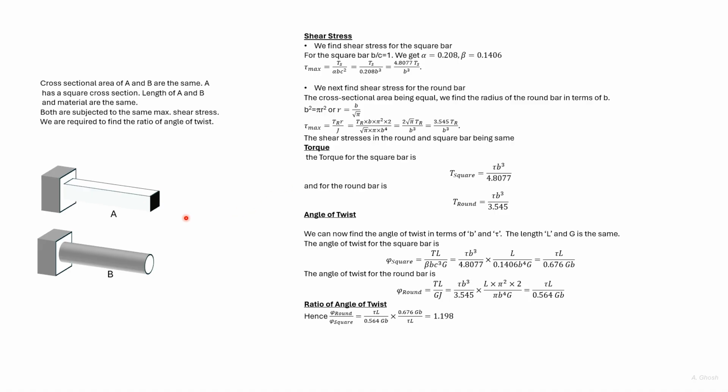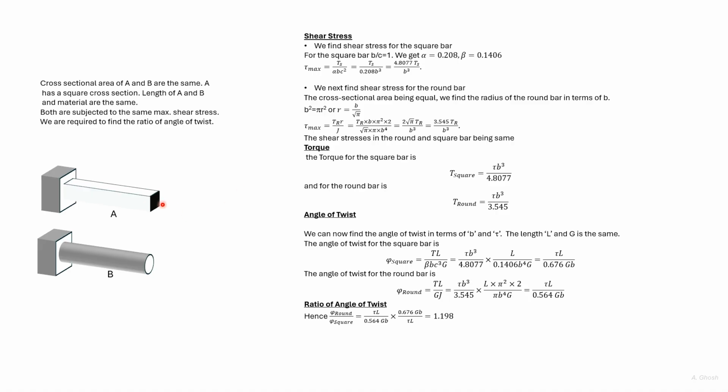To find the ratio of the angle of twist, we first find out the torque applied in both these bars in terms of the maximum shear stress, which is constant, as well as in terms of the dimensions of one of the bars, since the cross sections of both these bars are the same.